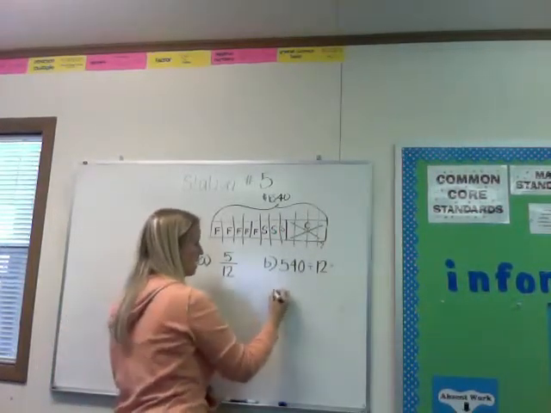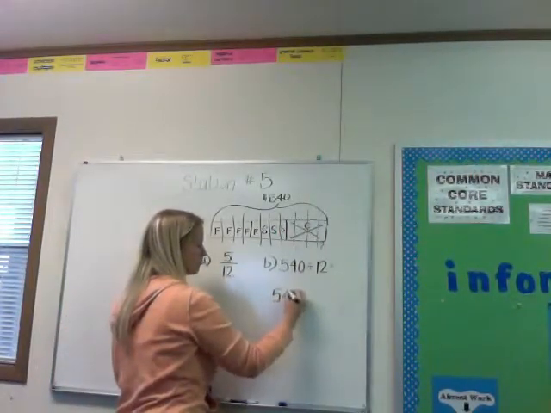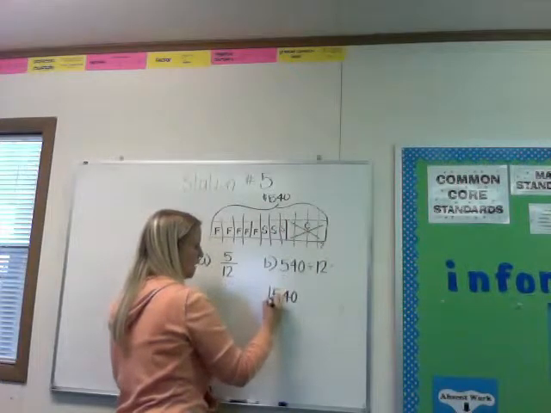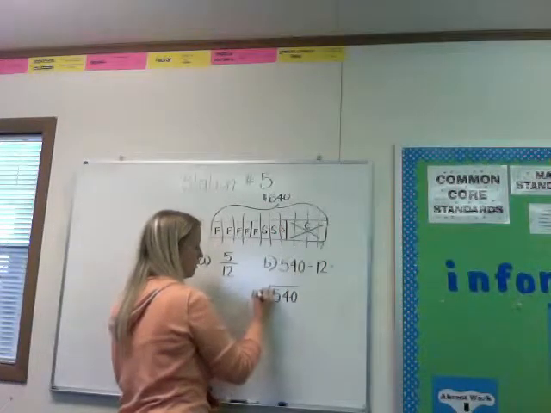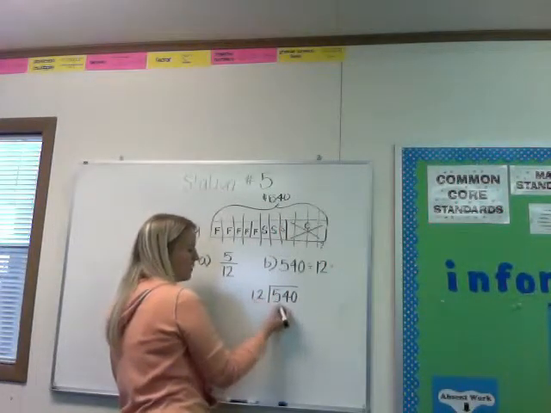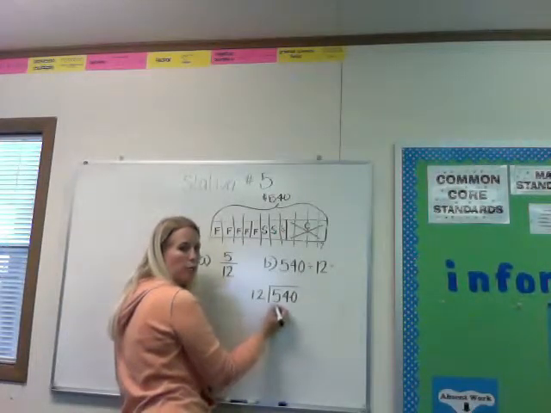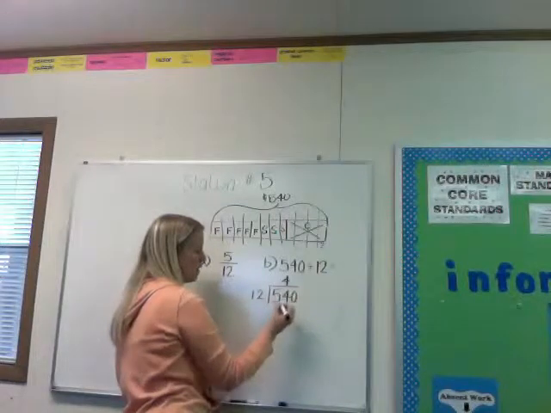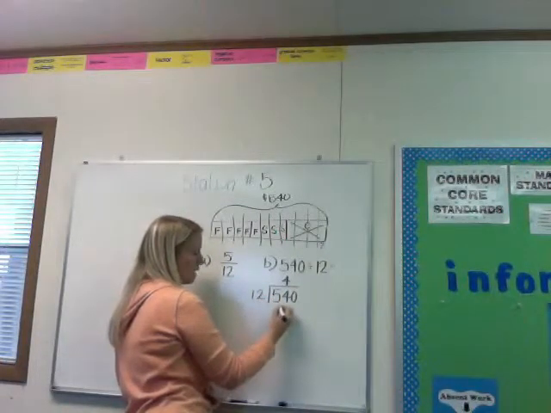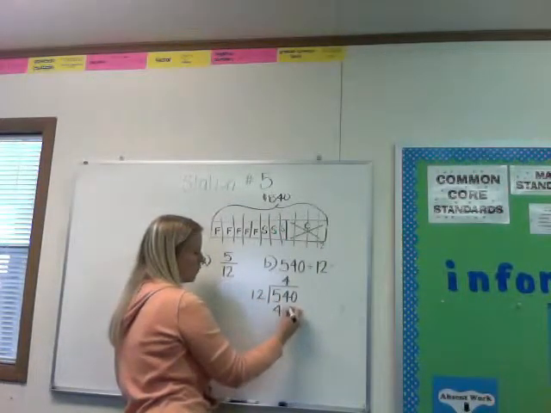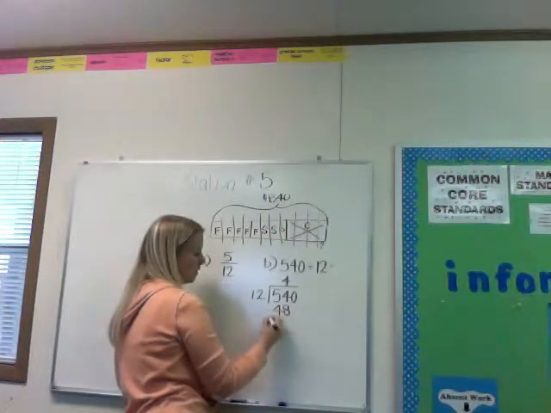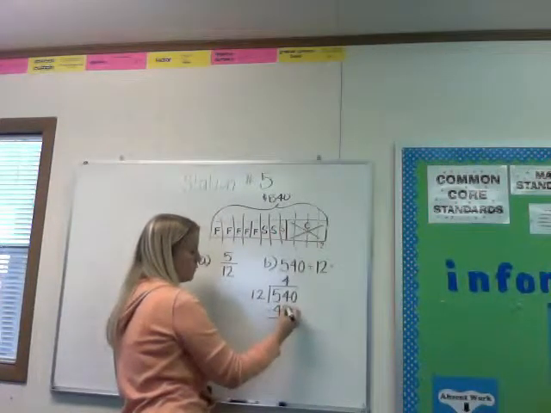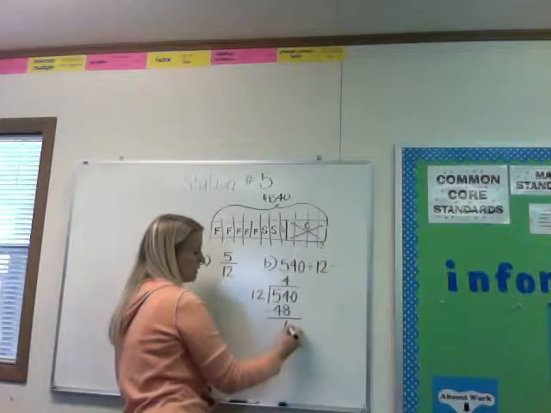Okay, so let's do the math. 540 divided by 12. 12 cannot go into 5, but 12 goes into 54 4 times. 4 times 12 is 48. 54 minus 48 will give me 6.